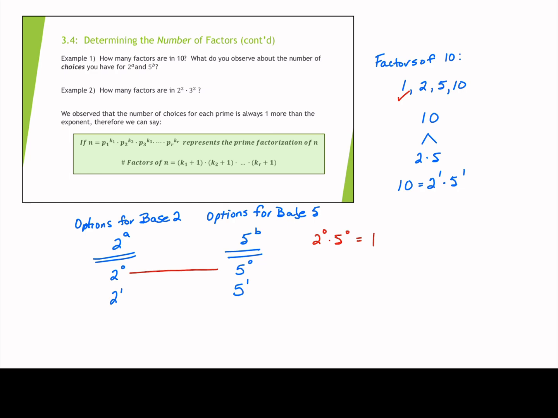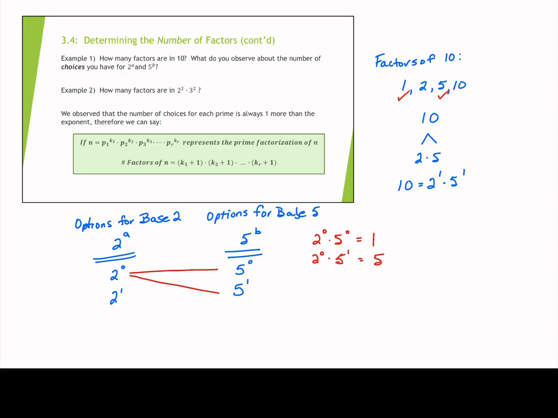Another option is if we start with 2 to the power of 0 and multiply it by the other alternative for base 5, 5 to the power of 1. That is 1 times 5, or 5. So there's another factor from our list of factors of 10.